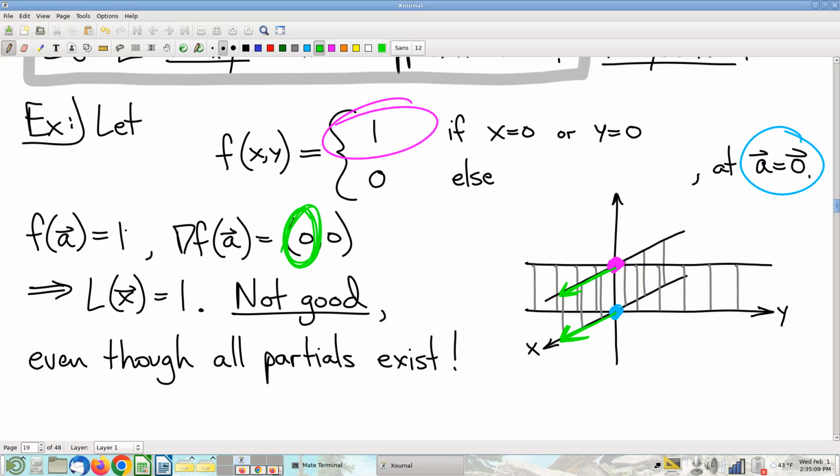The derivative, therefore, is just 0. And likewise, as I move in the y direction, I'm staying on the y-axis where the value of the function remains 1, and so that partial derivative is also 0.